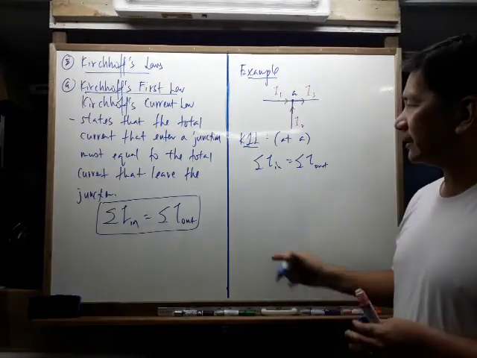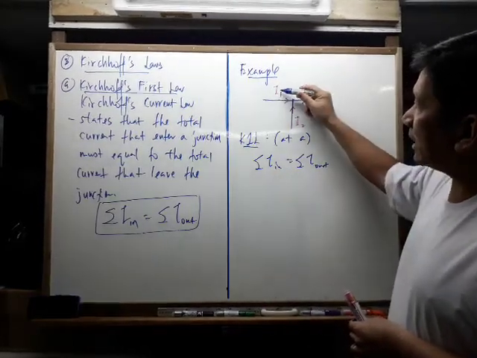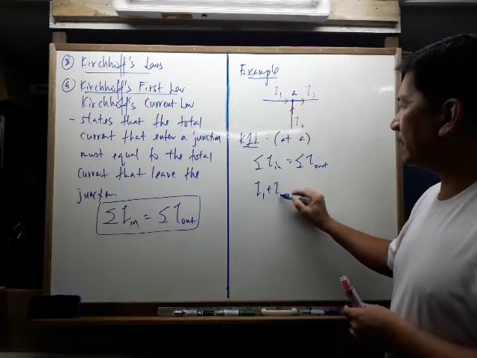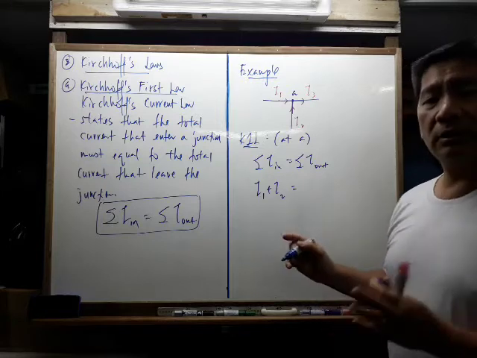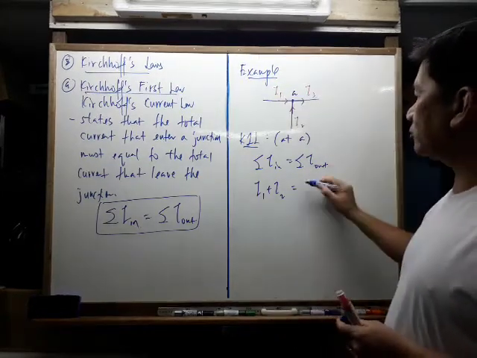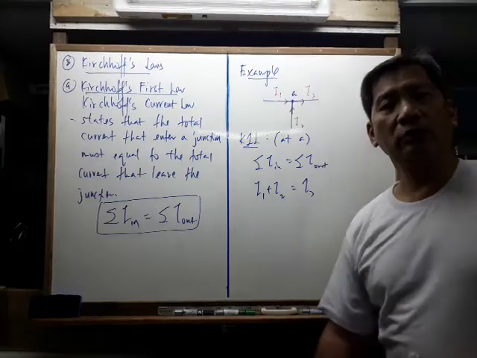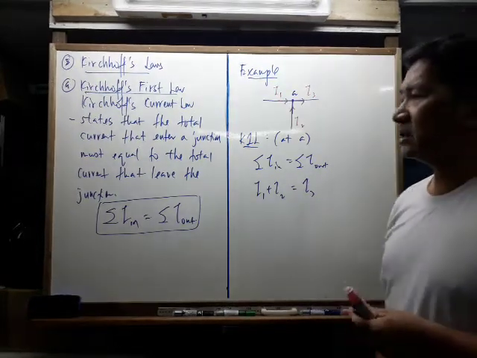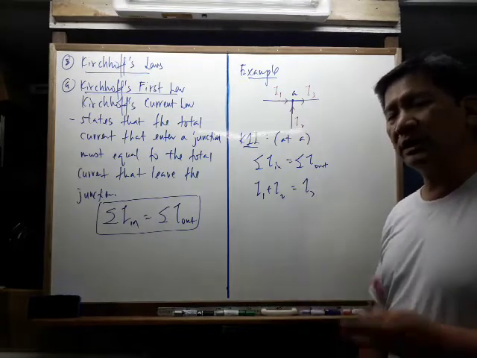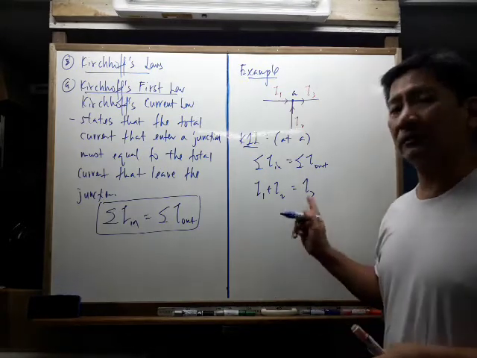The total current entering the junction is I1 plus I2, which must equal the total current that leaves the same junction, so I3. So you have one equation. Normally in Kirchhoff law problems involving three currents, you need three equations. So this is just one of the equations only.